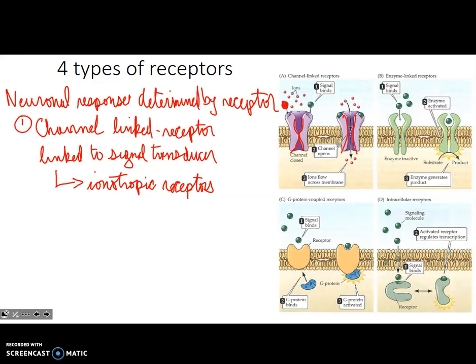So this protein in the membrane serves as both the receptor as well as the thing that responds to the ligand, all in one. Our result is ion flow across the membrane. We see a depolarization.